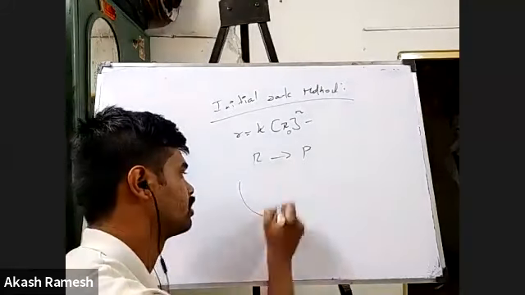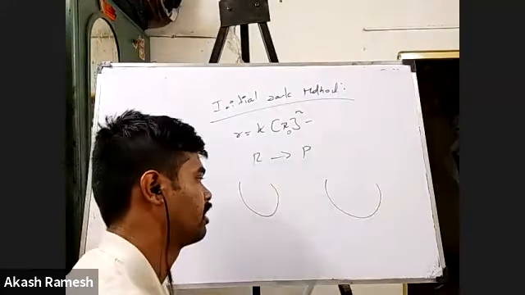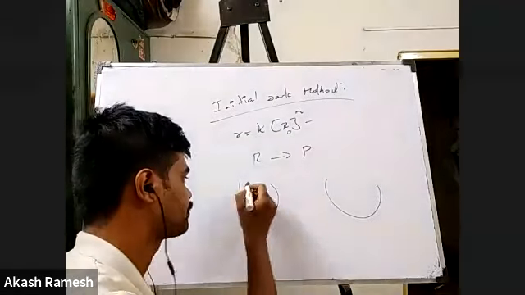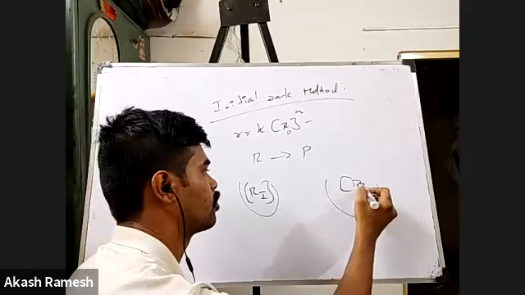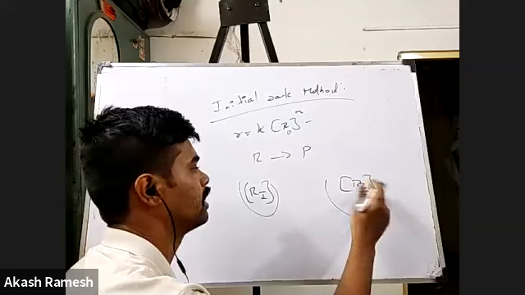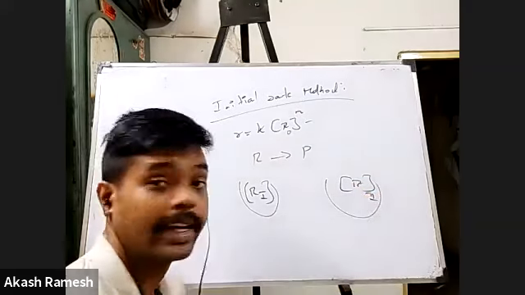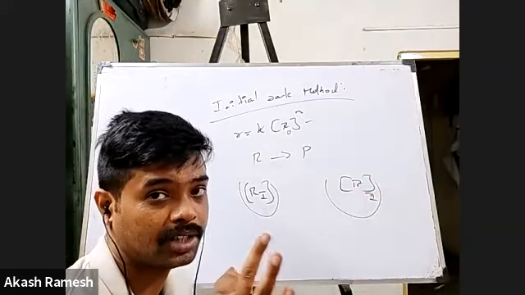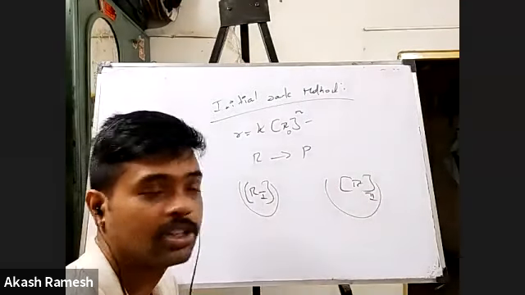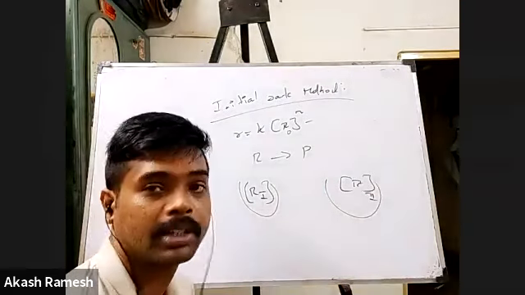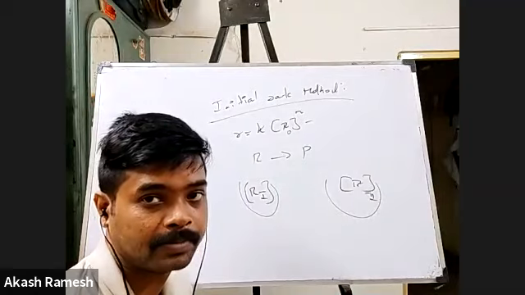So two vessels in which the reaction is going to happen. Say in one case, I put R1 as the initial concentration, and in the other one, R2 will be the initial concentration. So R1 will be the initial concentration here, and R2 will be the initial concentration here.